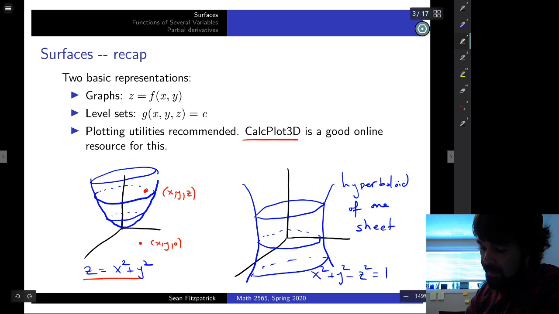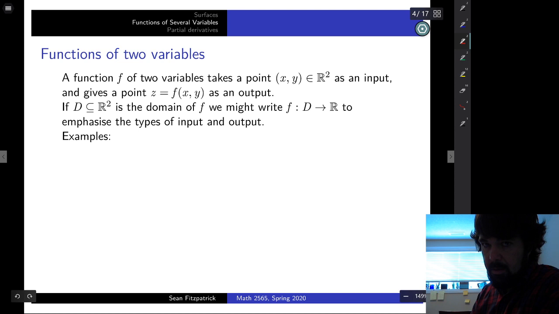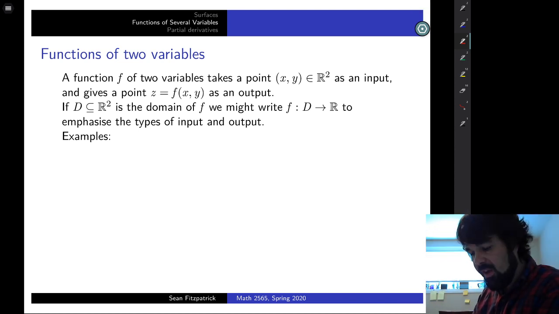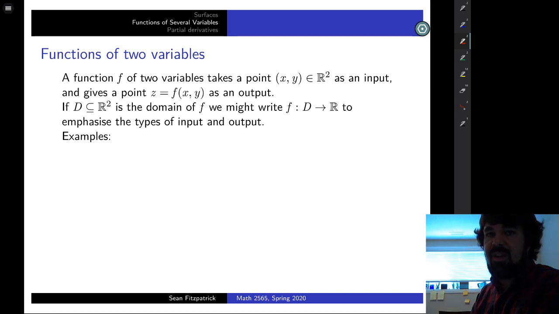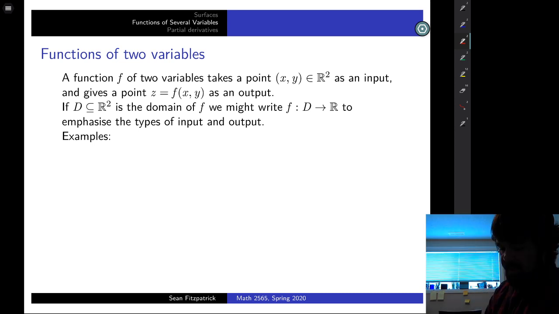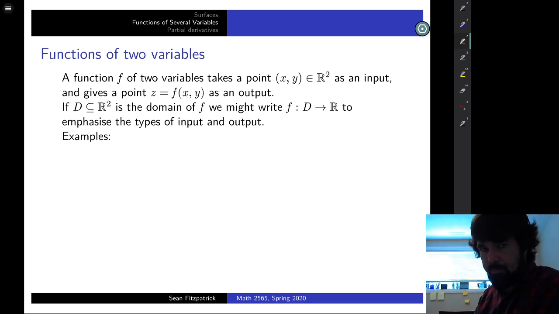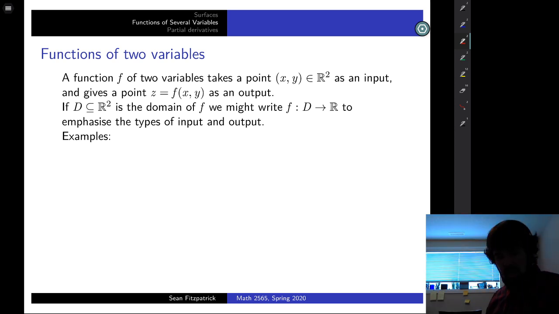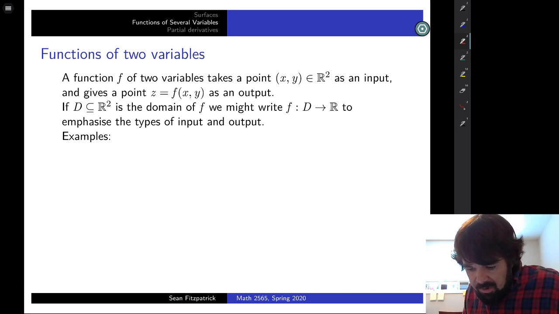Even the PDF version, if you open it in Acrobat, it won't work in lightweight readers, but if you're reading the textbook in Acrobat Reader, you can click to activate a lot of the 3D graphics and play around with them. So use interactive graphing software when you're getting the hang of 3D things, because they're tough to visualize the first time around. Okay. All right. So, functions of several variables.